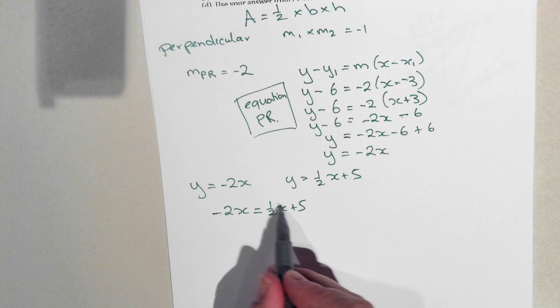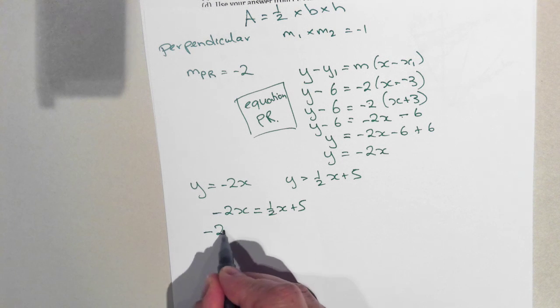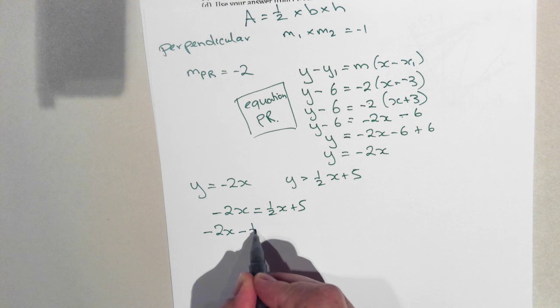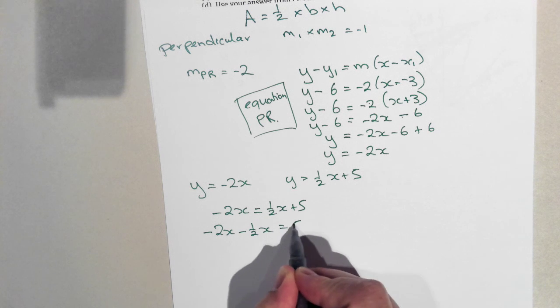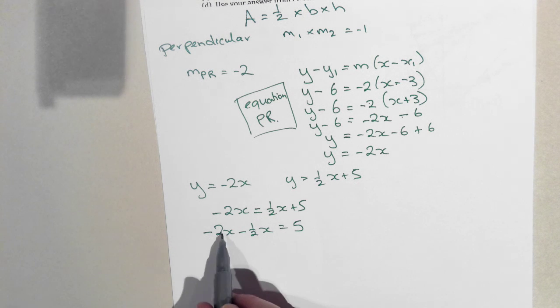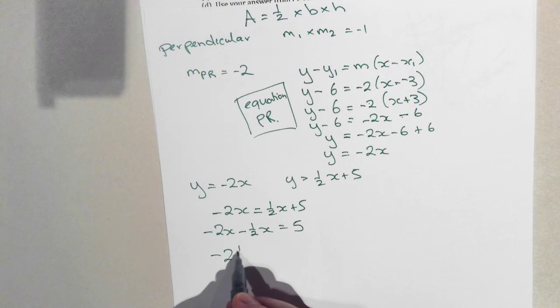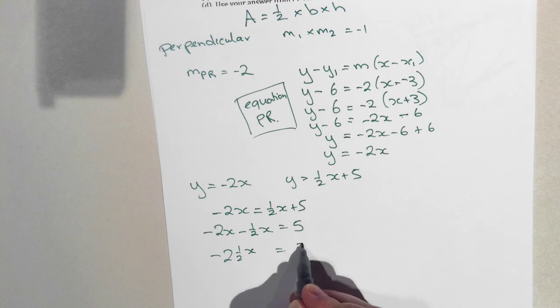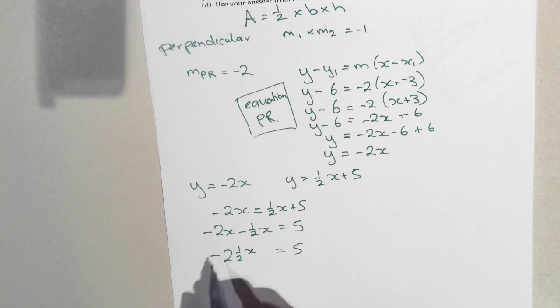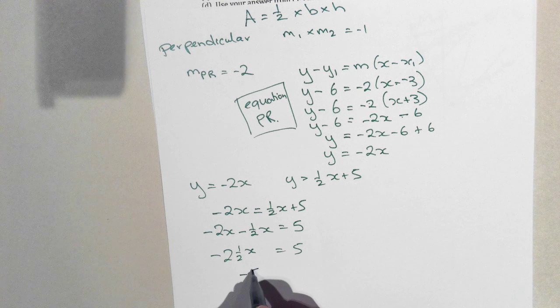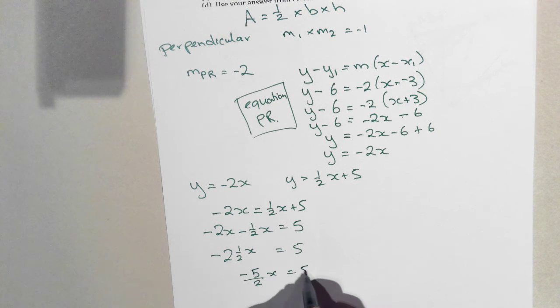x is on one side, numbers on the other. So I'm going to take this half x across the equal sign, so -2x take away a half x is equal to 5. Negative 2x minus a half x gives me negative 2 1/2 x. Equally, I can write that as an improper fraction, negative 5 over 2 x equals 5.